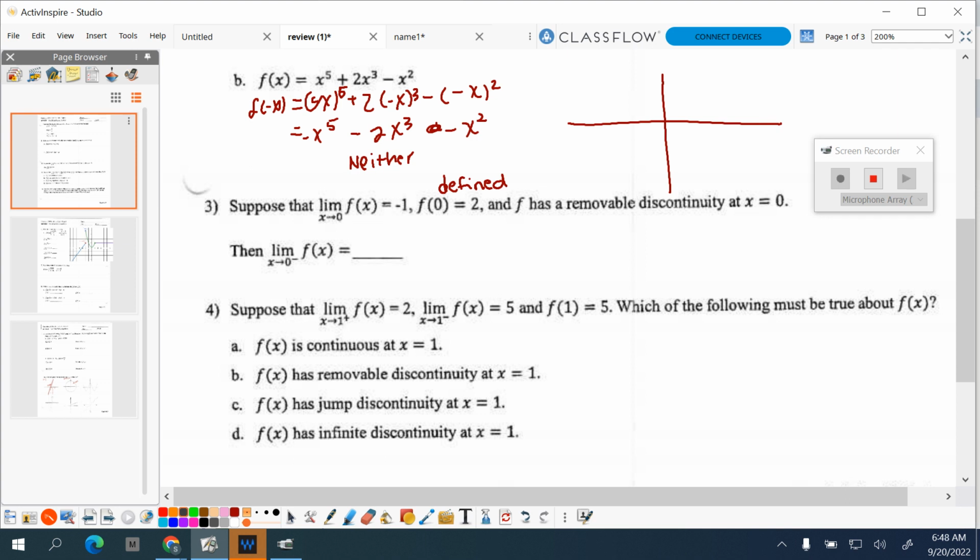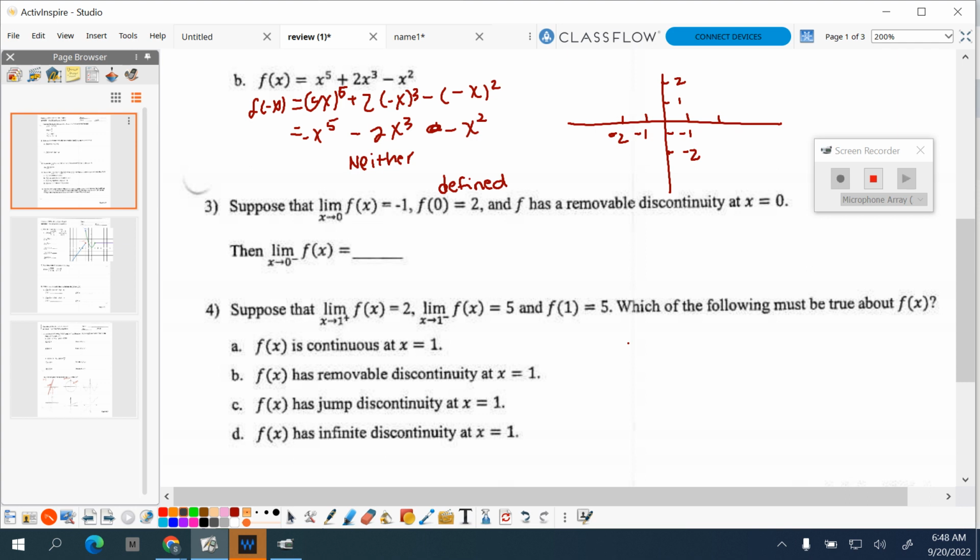I need 0, negative 1, negative 2, 1, and 2. Let's put these on our map here.